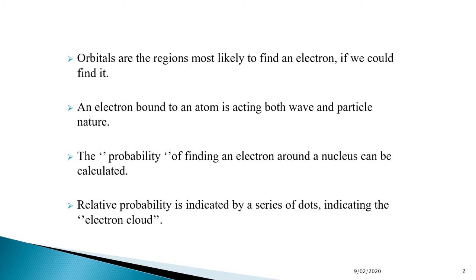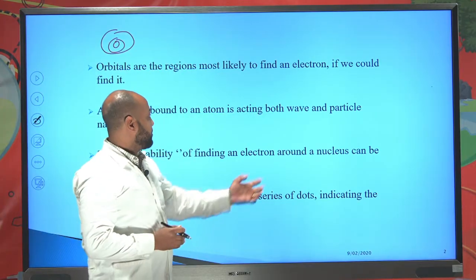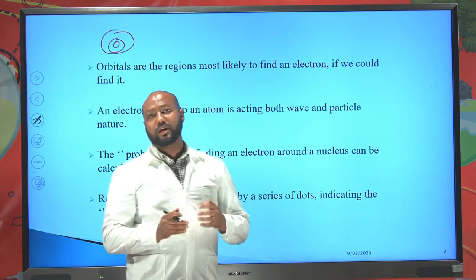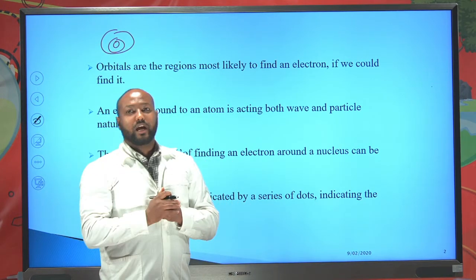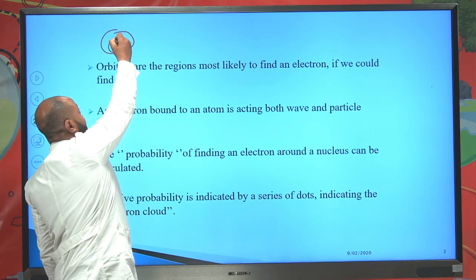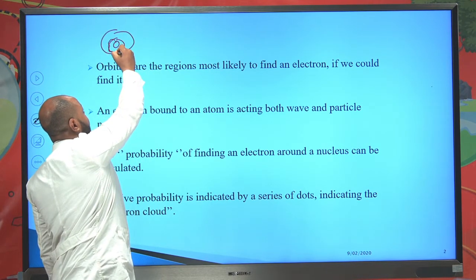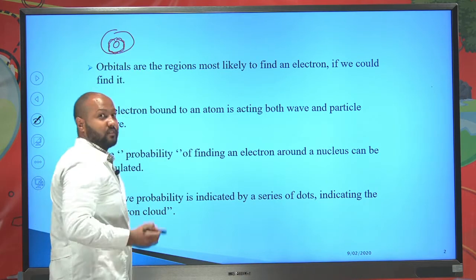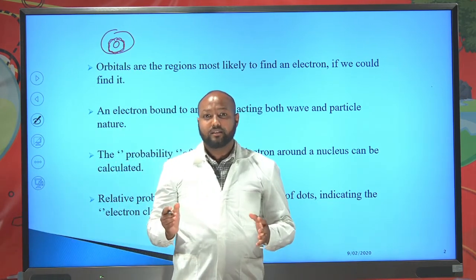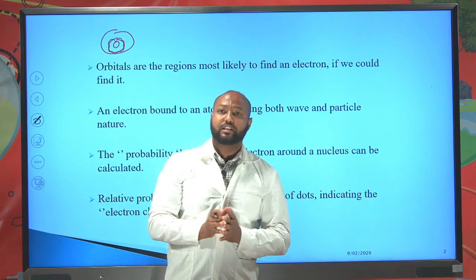An electron bound to an atom shows both wave and particle properties. According to the de Broglie principle, electrons have a wave nature when they rotate around the nucleus like a wave. This principle is known as the de Broglie wave and particle dual nature.